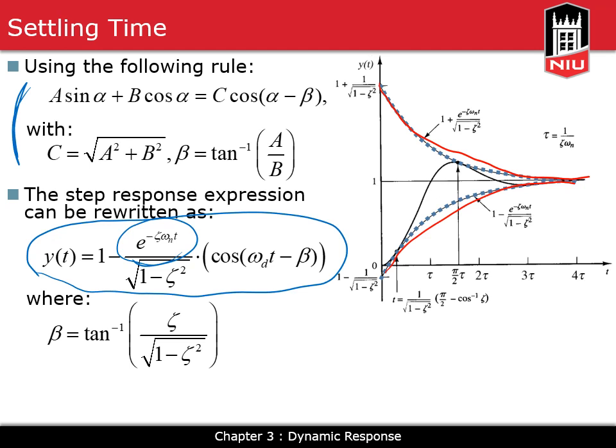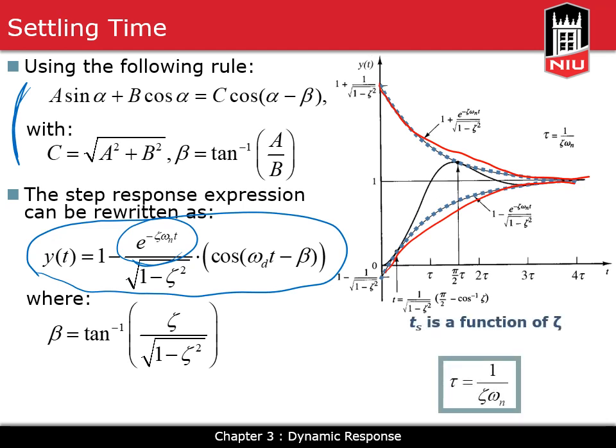So whenever those red lines go inside our tolerance level, between 1% or 2% or 5% of the final value, that means the response must also be inside, because the actual response would be somewhere between the two red lines. So that is why we can use the time constant of only that exponential term to determine our settling time.